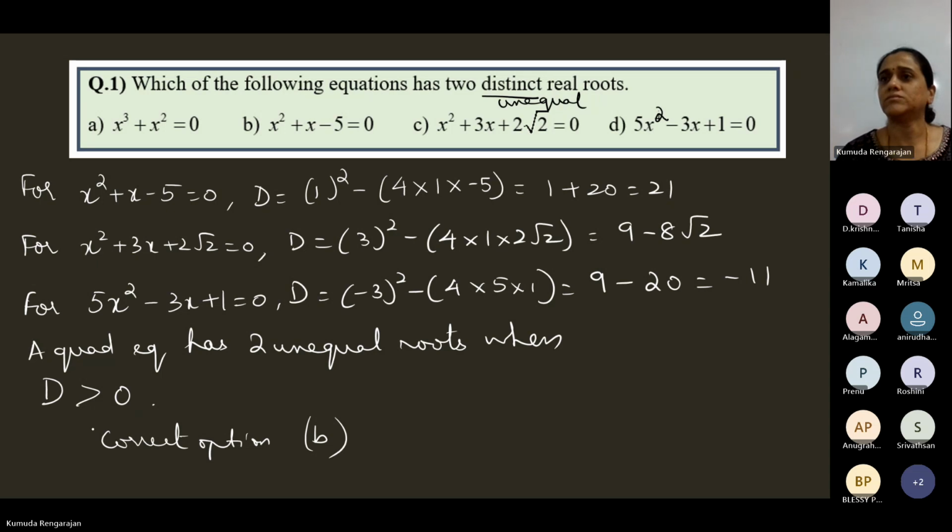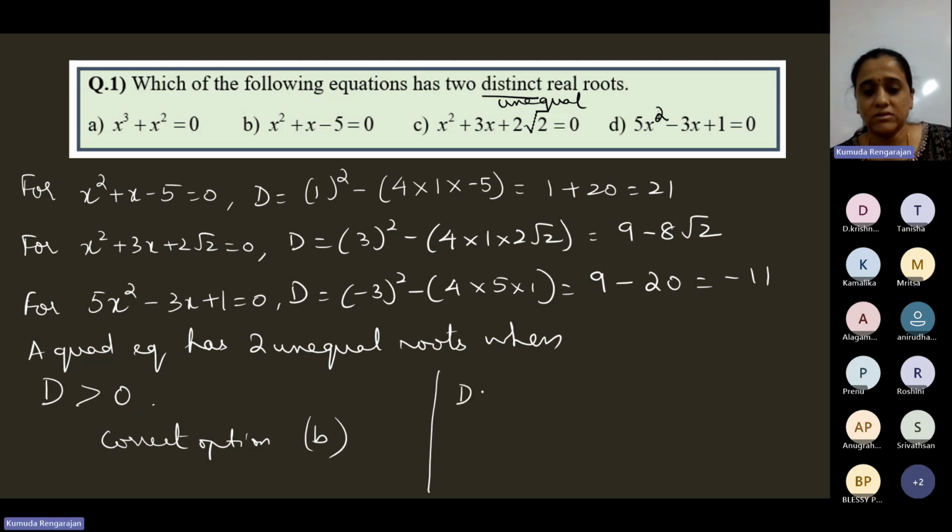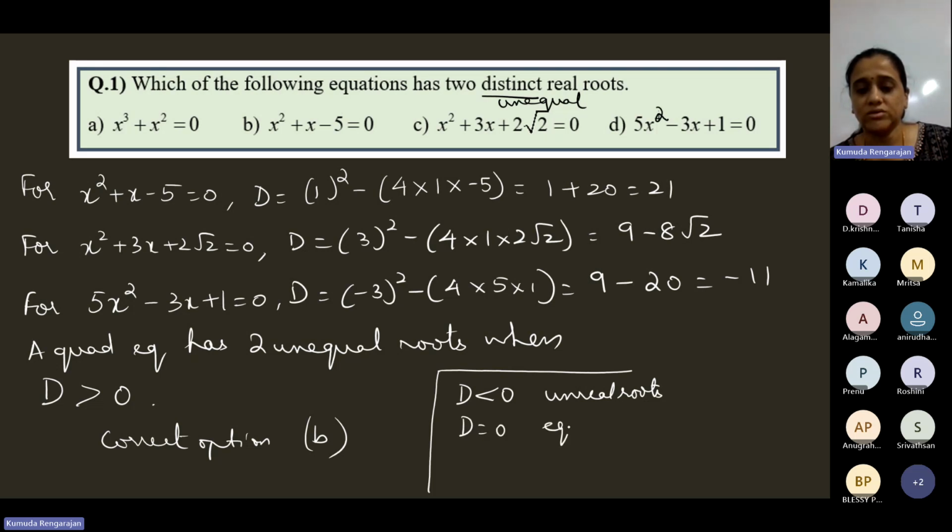Done, all of you? So when D is, you don't have to write this, we're just trying to recall. When D is less than 0, unreal roots. And when D is equal to 0, equal roots.